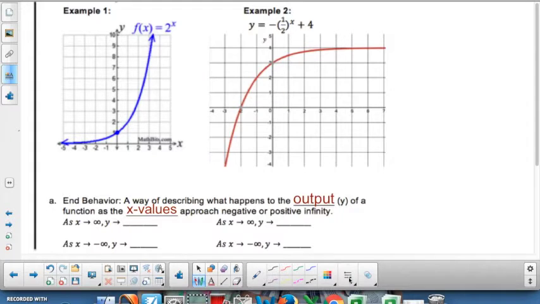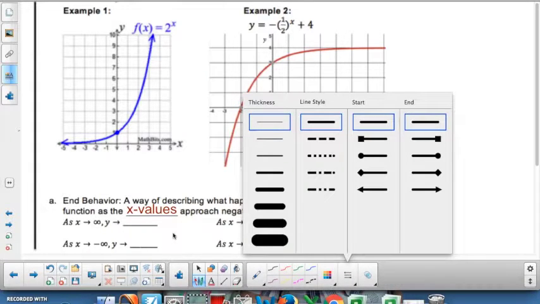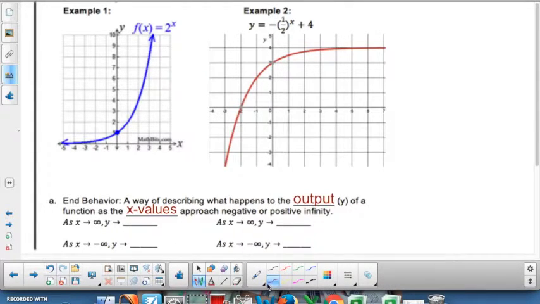The way I tend to write it, and therefore the way it shows up in your packets, is this set of symbology where it says as x approaches infinity, y approaches what? So what that means is as you go to the right, as x gets bigger and bigger, what is y doing? Well, with this graph, as x gets bigger and bigger, this thing is climbing very rapidly, which means y is also approaching positive infinity.